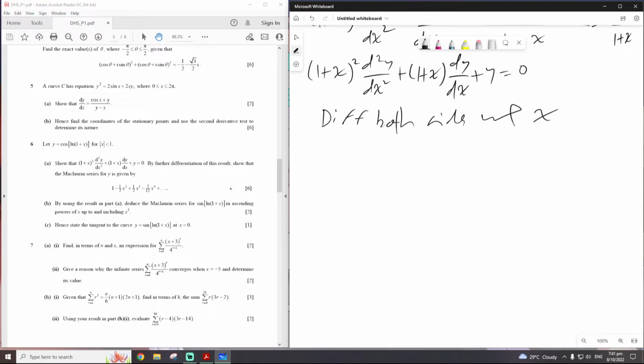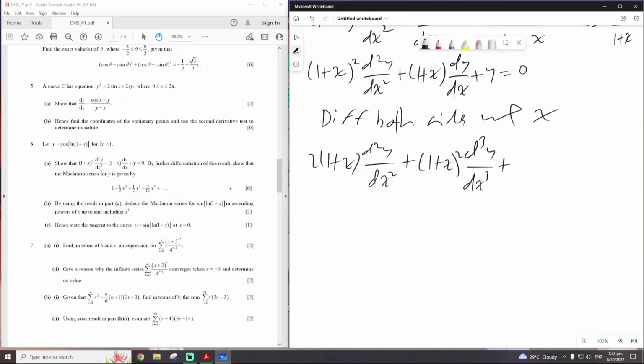When I differentiate this, I'll get 2(1 + x) d²y/dx² plus, I still need to keep this and differentiate, (1 + x)² d³y/dx³.